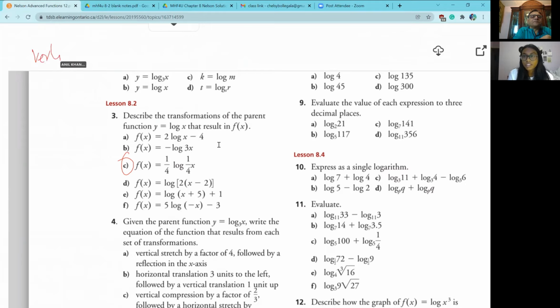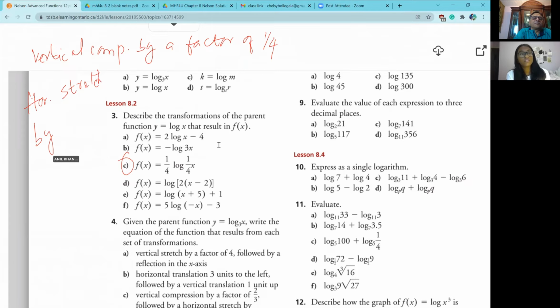Vertical compression by a factor of 1/4. You should write by a factor of 1/4. Is it okay? Yeah. And then horizontal stretch by a factor of 4. Stretch by a factor of 4. Yes. Correct. So that is how you're going to write, and that's clear, right?